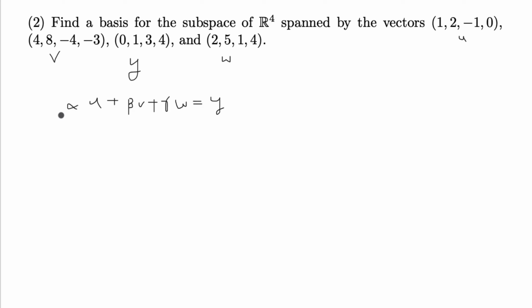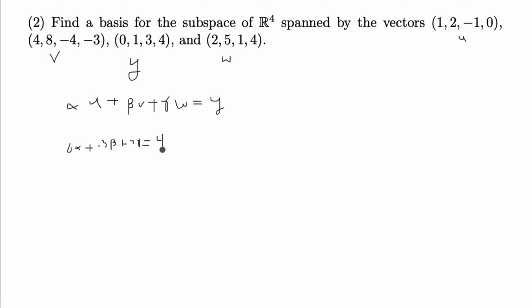So with this, we can actually generate some equations, one for each line. Let's start with the last line. If we look at the last element of each of these, we get a particularly nice equation: 0 alpha plus minus 3 beta plus 4 gamma is supposed to be equal to 4.